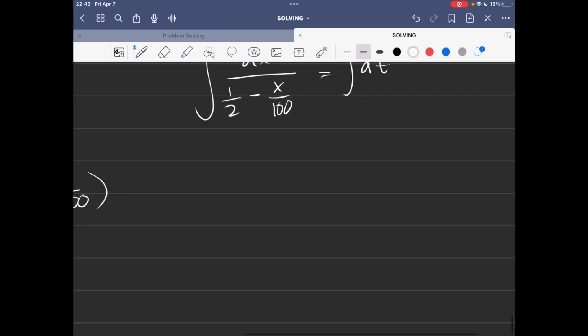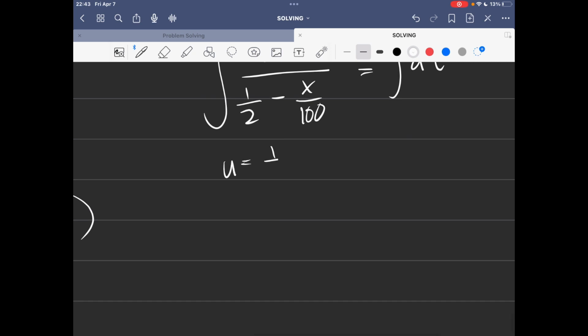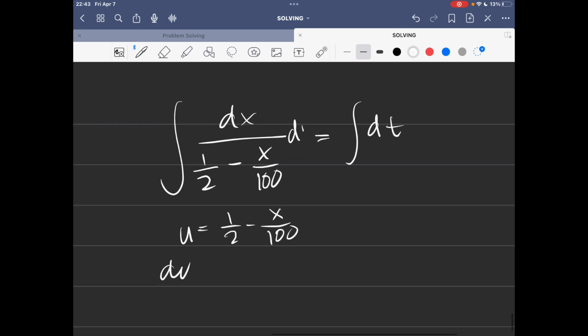So we let u be equal to 1/2 minus x over 100. Then du, in terms of dx: the derivative of 1/2 is 0 and the derivative of x is 1, so du is negative 1 over 100 dx.